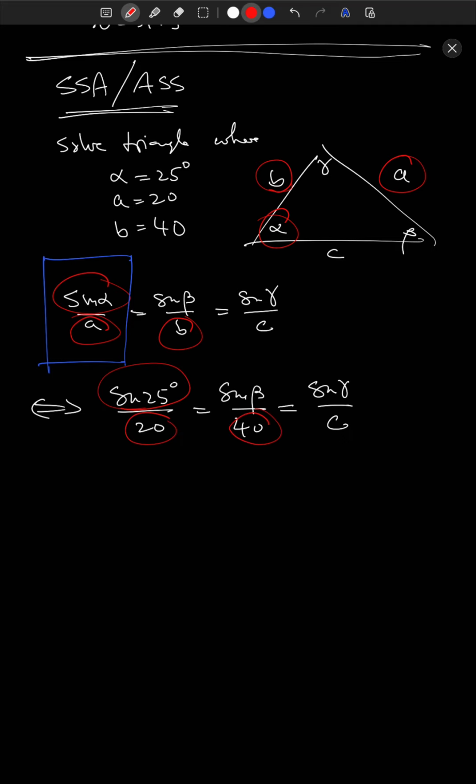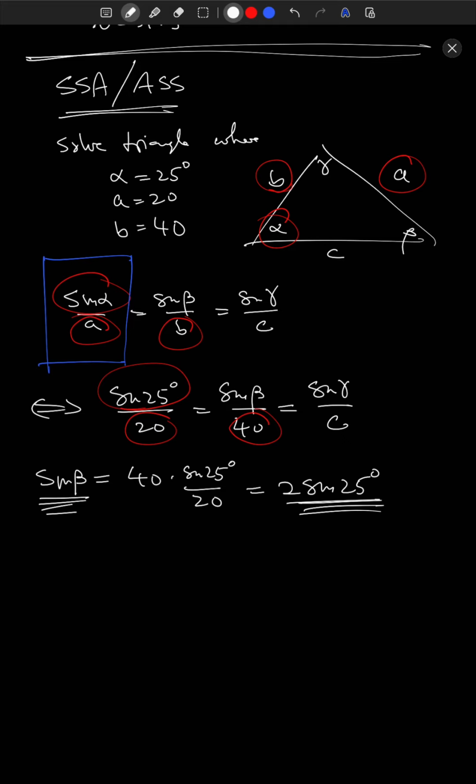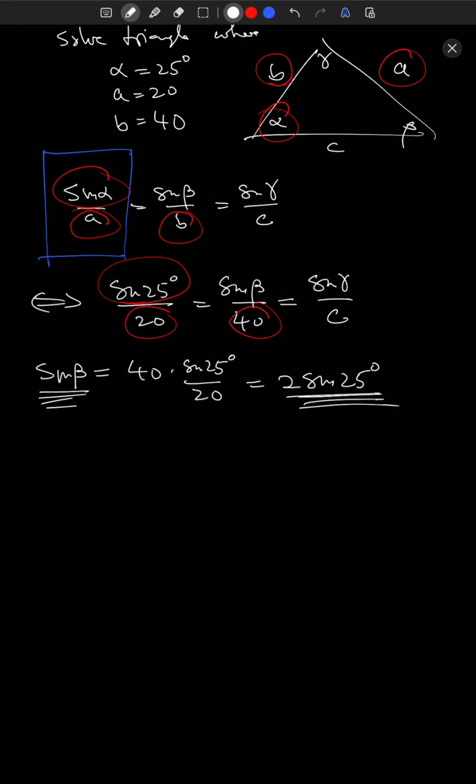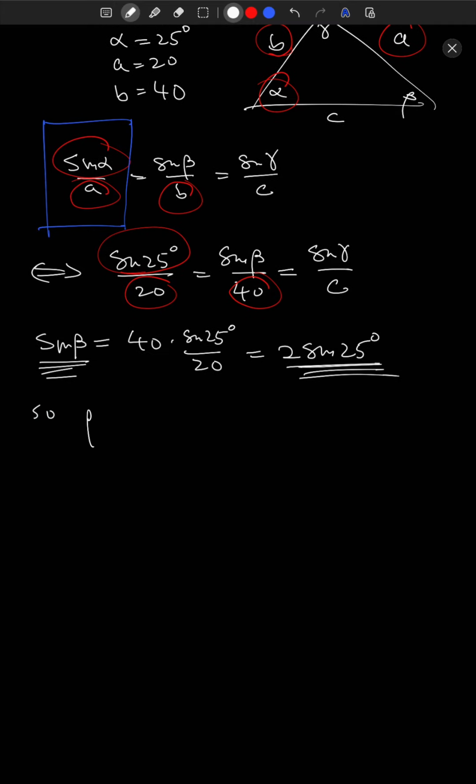Okay, so just circling what we know, we can see we can solve for sine beta. So sine beta is equal to 40 times sine 25 degrees over 20, which happens to be 2 sine of 25 degrees. All right, so we actually know sine beta. So sine beta is equal to this number. And so I actually know beta. So here's what I'm going to do.